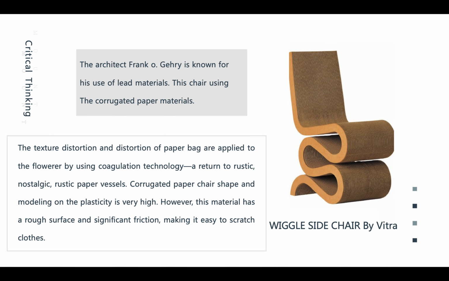The third is an unregulated chair, which is made by using corrugated board to create a unique chair. The texture and distortion of paper bags are applied to the flowers by using coagulation technology, a return to rustic.